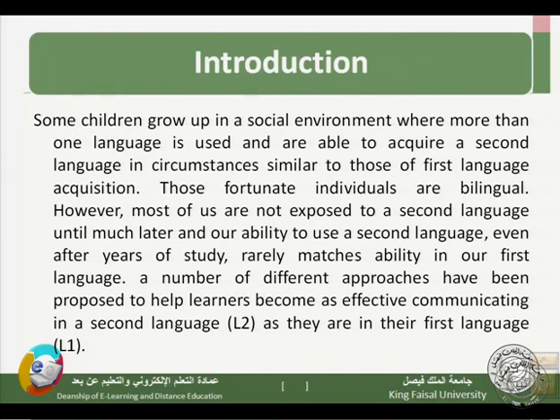So most people are not exposed to two languages at an early age. They are exposed to a second language when they start studying it at school, primary or intermediate or high school. So that's why whatever performance we achieve, it's not equal to our performance in the first language.